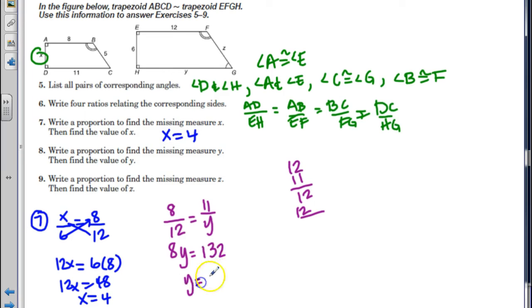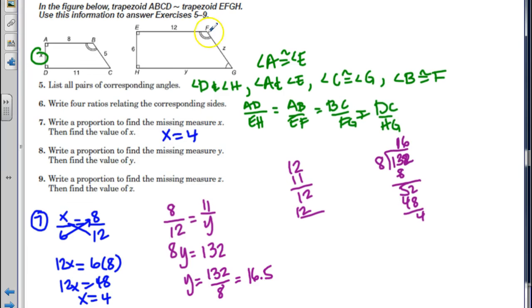So y equals 132 divided by 8. So 132 divided by 8 will go once. 8 goes into 52 six times, 48, that's a 4, so 4 8, so 16.5 for y.